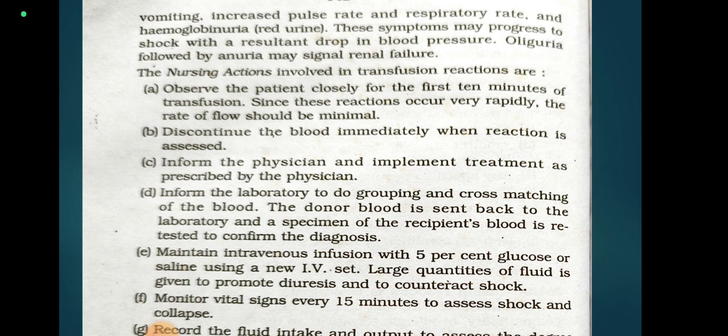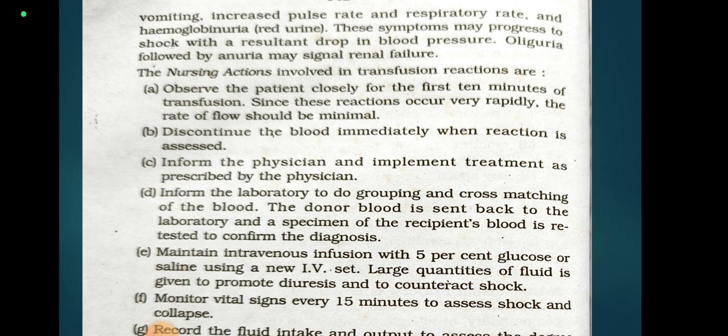The donor blood is sent back to the laboratory and a specimen of the recipient blood is retested to confirm the diagnosis. Maintain intravenous infusion with 5% glucose or saline using a new IV set.